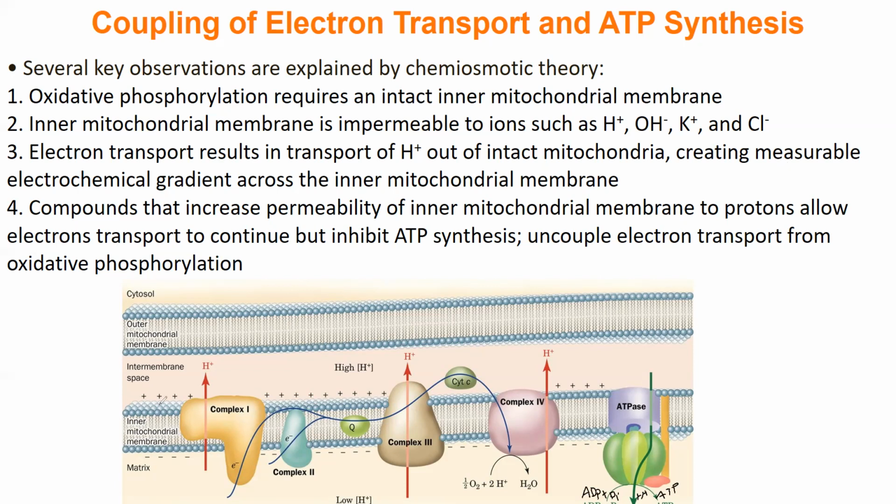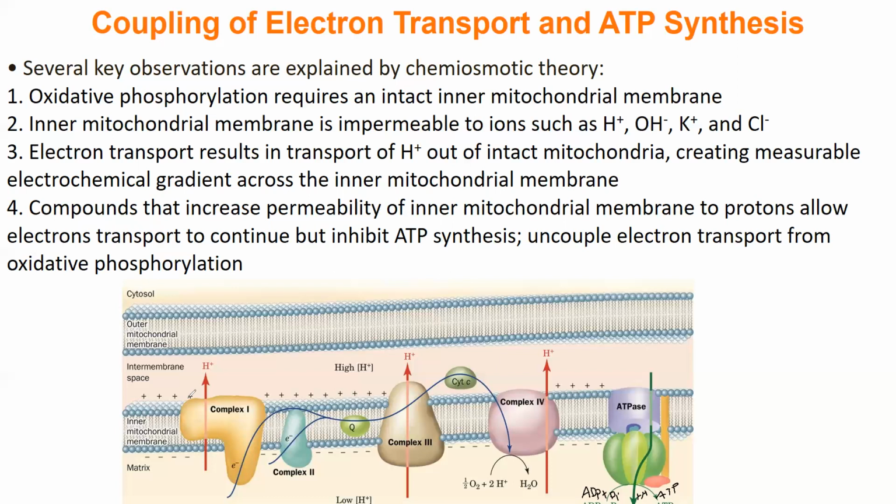The inner mitochondrial membrane does not allow small ions to go through it. And when you look at electron transport, you're taking hydrogens, you're moving them from the matrix to the inner membrane space, and that actually creates a current that's measurable. So what happens when you allow the electron transport chain to run?